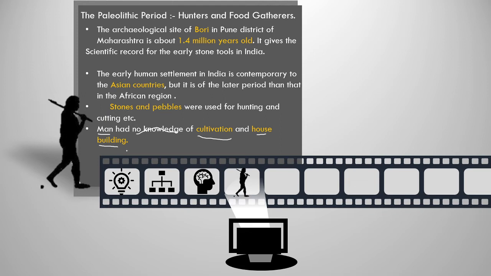They were completely dependent on nature. Nature gave them food, so they did not need to cultivate their own food, right? Nature gave them shelter, so they used to live in caves. So we can say that the primitive man or our ancestors were completely dependent on nature during the Paleolithic period.